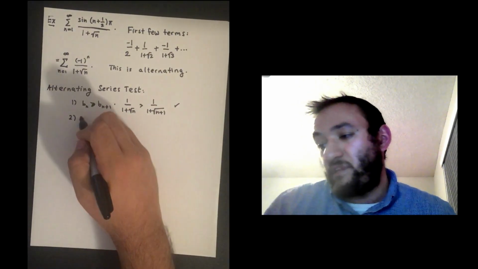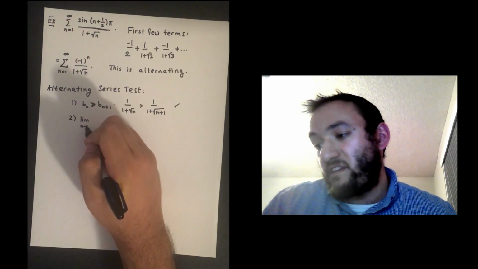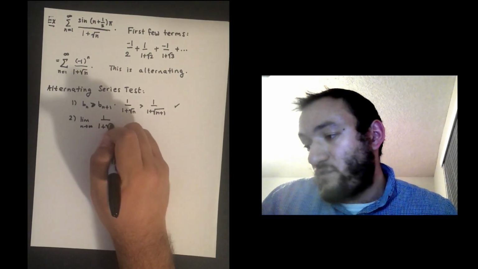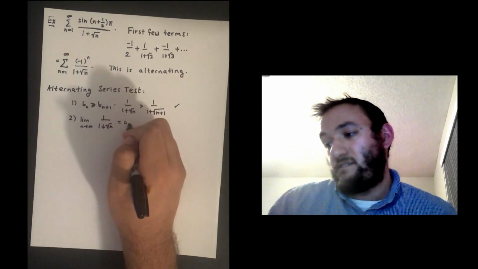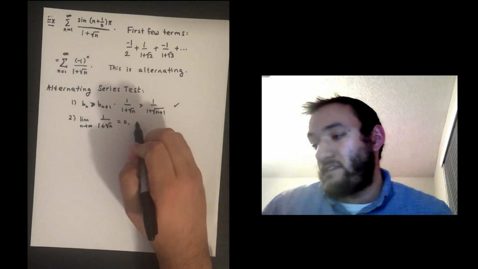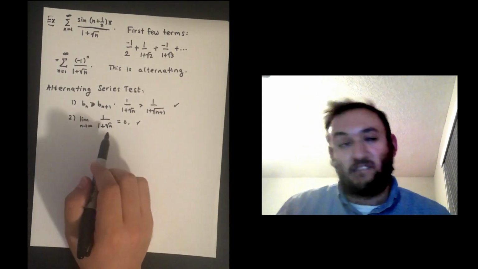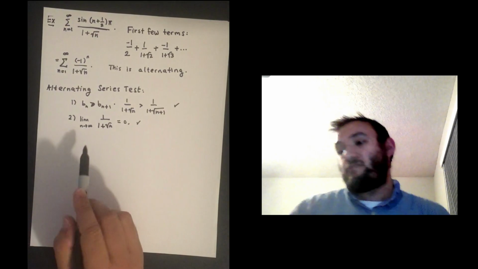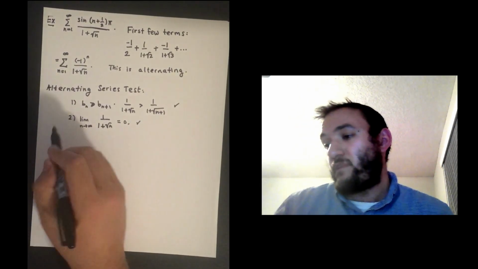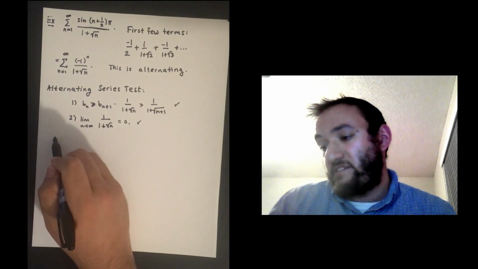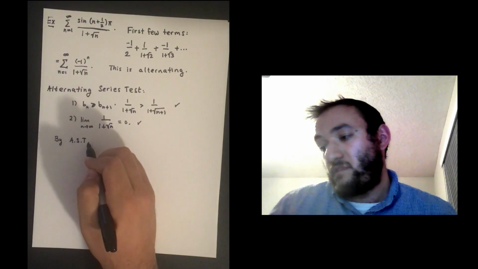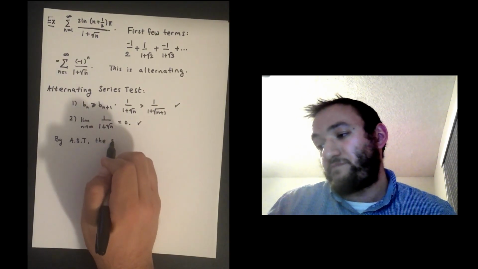Then we need to check that the limit as n goes to infinity of 1 over 1 plus square root of n is 0. And indeed, this is true. You can see that the denominator goes to infinity as n goes to infinity, so the fraction goes to 0. So by the alternating series test, the series converges.